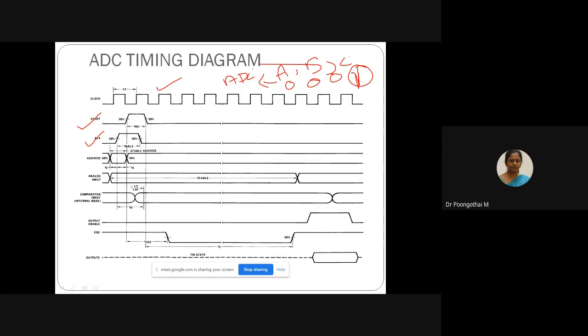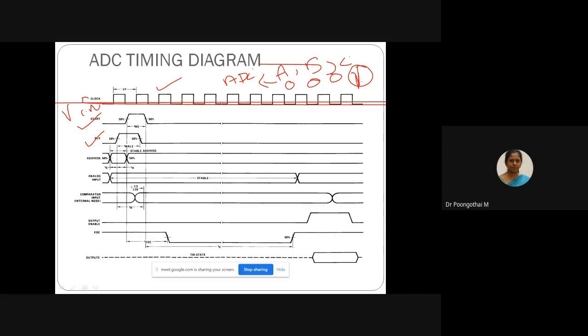Once the channel is selected, if you want to convert the analog value to digital, you have to initiate this start of conversion signal. Once SOC is started, your digital counter starts incrementing and keeps on incrementing, and the analog output is continuously compared with your VIN.